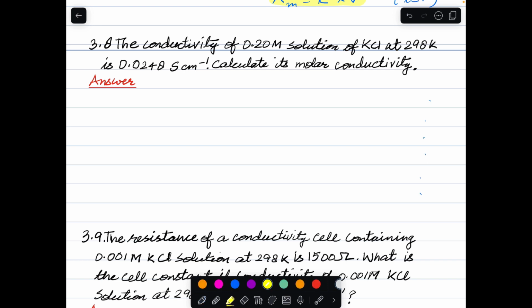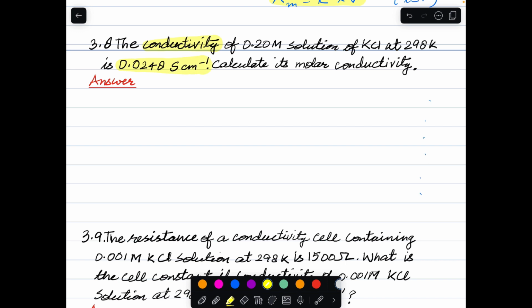We know the conductivity, which is given here, and the second value given to us is the concentration, 0.20 molar. So the molar conductivity value is this one.